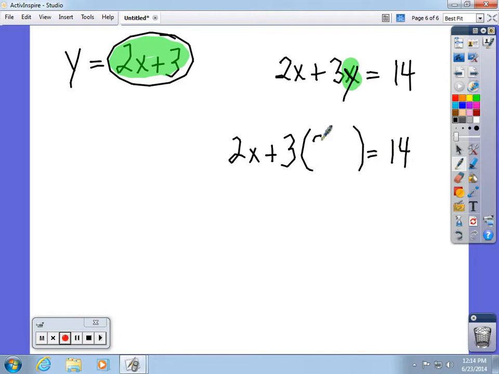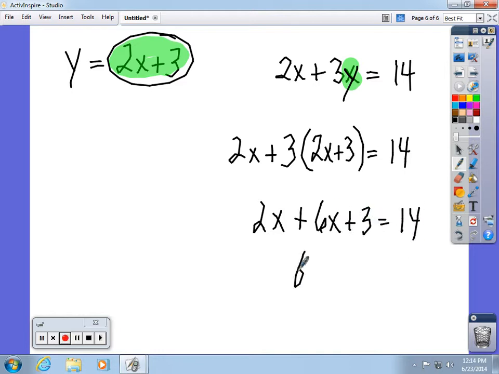Parentheses. And then I'm going to plug in that 2x plus 3, and then I'm going to finish it. 6x plus 3 times 2x plus 3 is equal to 14, and that's 8x plus 3 is equal to 14. And then once you get x, what do you do? Go back and plug in x to get what? Y. Okay, that's later on.